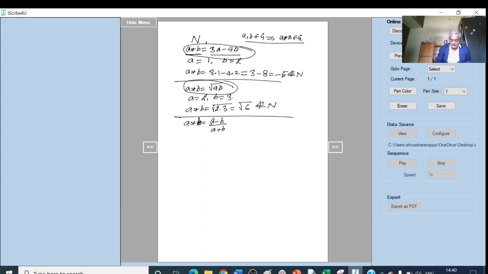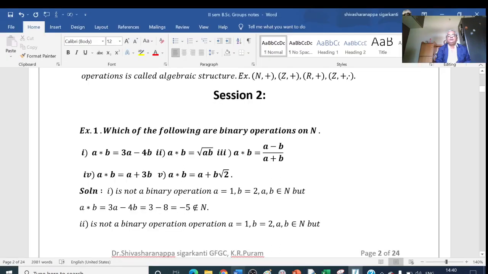This is because if we take, say, A equal to 2 and B equal to 3, then A star B equals 2 minus 3 divided by 2 plus 3. This is equal to minus 1 divided by 5. This does not belong to N. So therefore this is also not a binary operation.